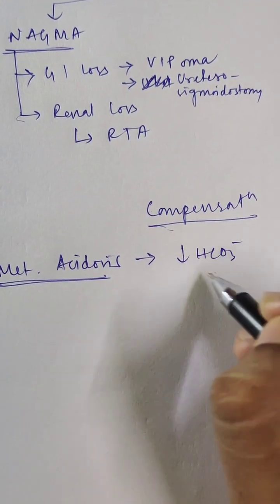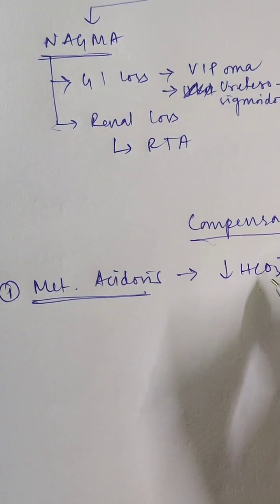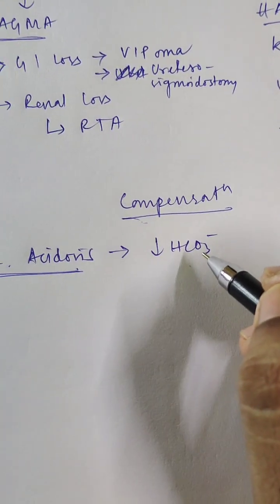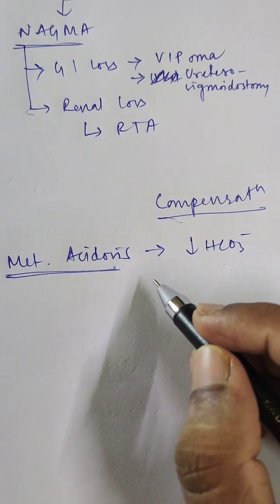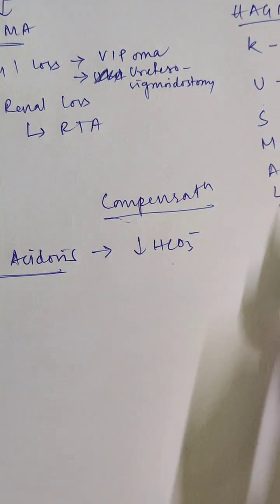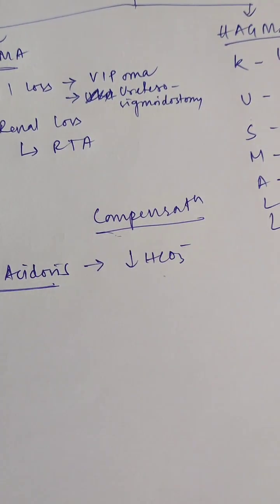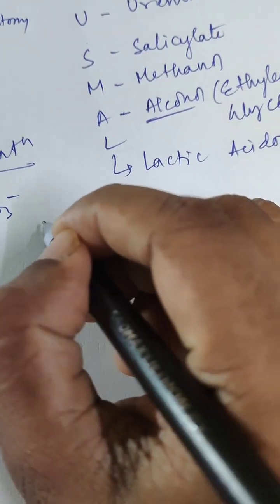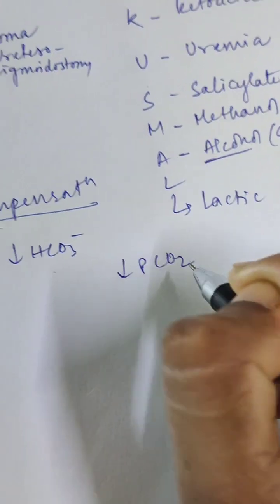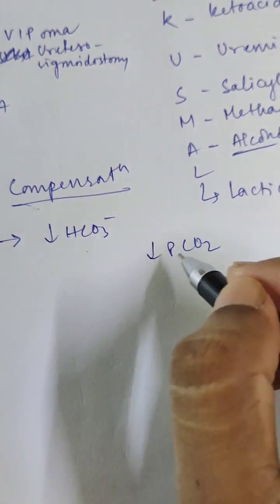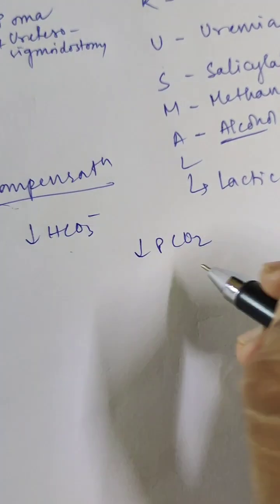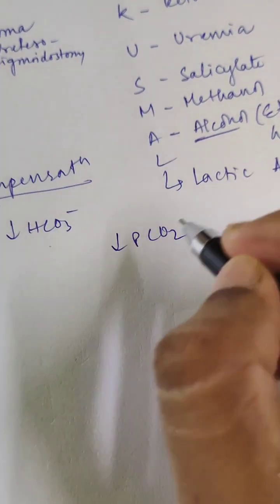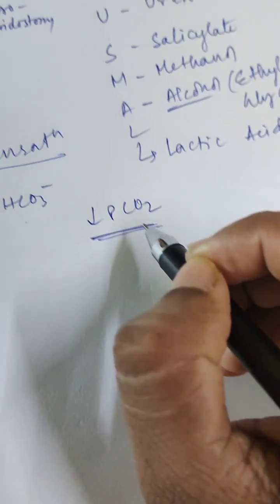And as the primary problem is with bicarbonate, it will be called metabolic. As we talked earlier, the compensation will be from the respiratory system. The respiratory system will try to decrease PCO2, because as the base is less, it will try to decrease the carbon dioxide or the H plus to maintain the balance. This will be the compensatory change.